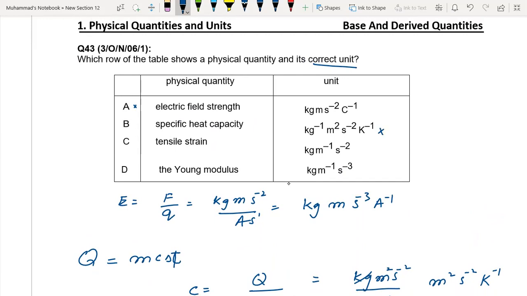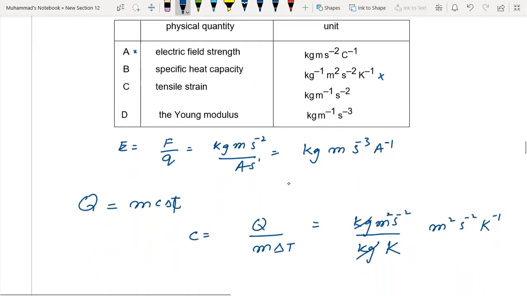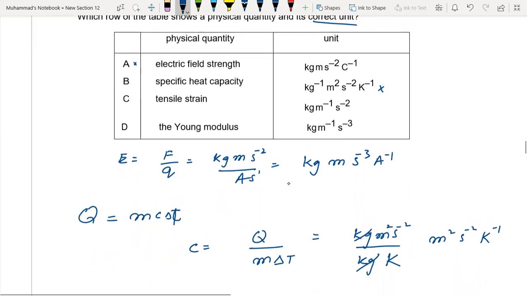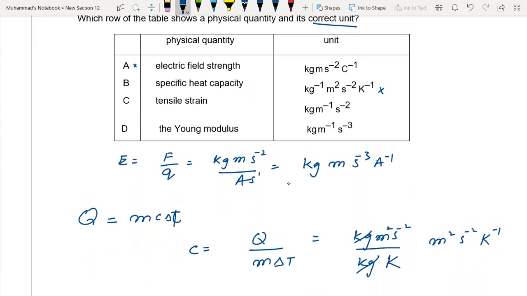Okay. So in the first question, let me check again. In the first question, this C is in coulomb, and I simplified and put SI base units, but in this option, this coulomb is not an SI base unit. So if I simplify this, this is kg m s minus 2, and coulomb is, you know that I is q by t.